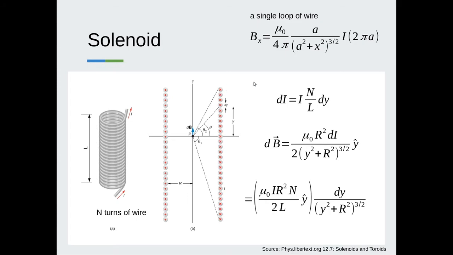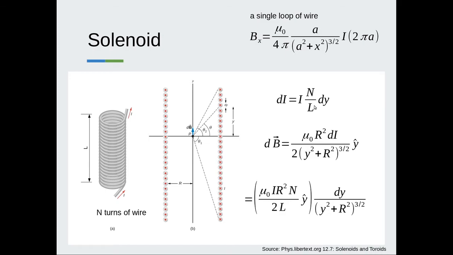Okay, so now we would like to apply the density of current, and this is how we calculate it. This is the number of coils here, so this is n. We have n current loops, and L is the length.